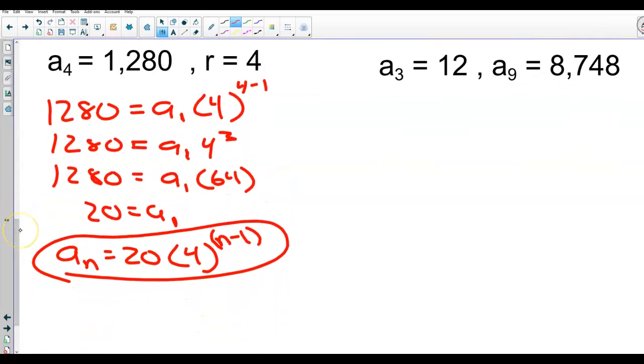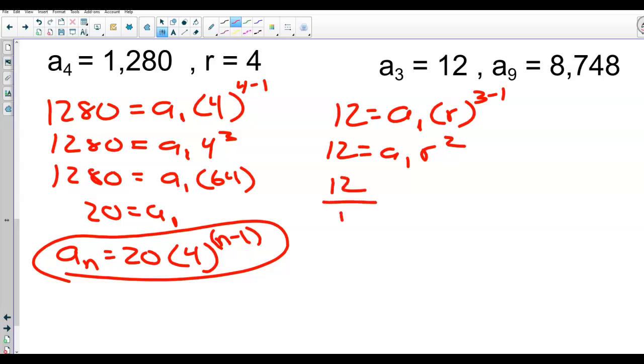The next one is the most complicated one. This is where you solve for a_1 on both sides. a_1 is 12 over r squared. Now I do 8,748 = a_1 · r^(9-1).